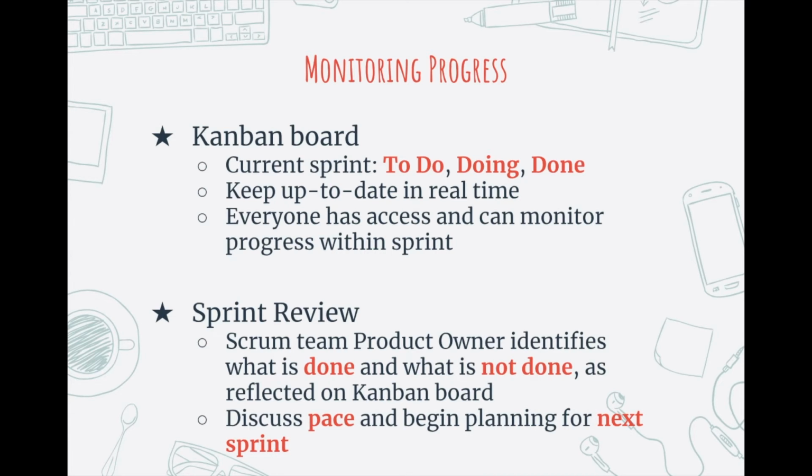After the team has discussed what is done and what is not done, that can lead to discussions about how the pace is going and any adaptations that need to happen within the team. It also guides the planning for the following sprint, so they can prioritize what's been discovered during the last 2 weeks, from both the development standpoint and the business standpoint, and figure out, again, what is the most value for the least amount of effort for the following sprint.